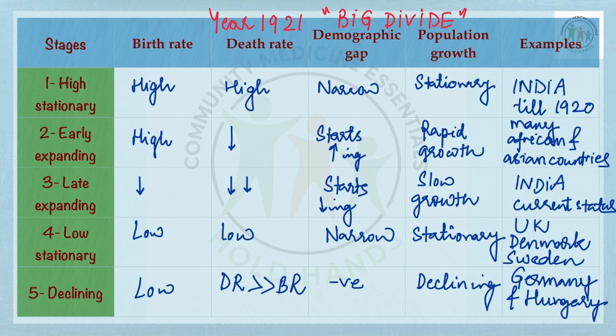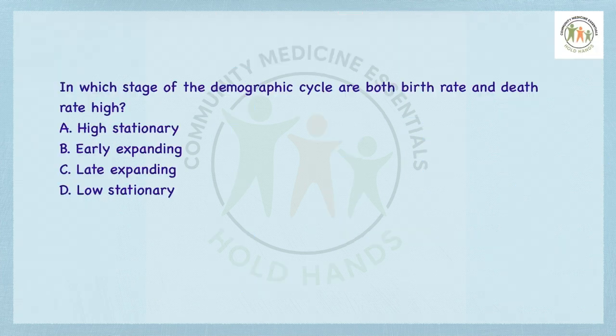Now we will discuss MCQs. First MCQ is, in which stage of the demographic cycle are both birth rate and death rate high? So answer will be A, high stationary stage.